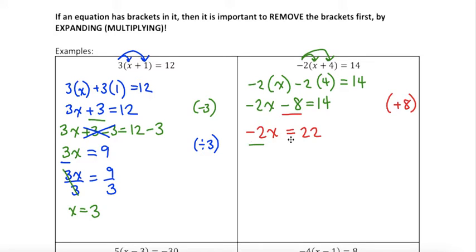Right now, I'm multiplying by negative 2. The opposite is dividing by negative 2. Negative 2 divided by negative 2 is 1, so I'm left with 1x, or just x. And 22 divided by negative 2 is negative 11. So you'll see that I've skipped some steps, but I'm still doing the same process. Okay.